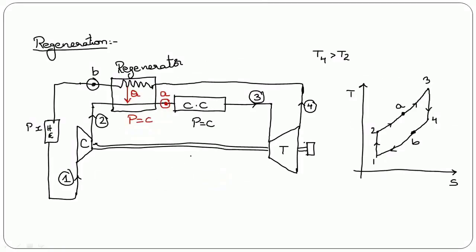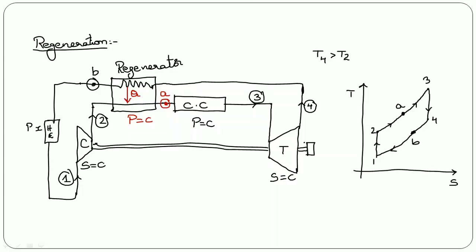Pressure ratios are obtained from this diagram only. In the turbine, isentropic expansion is taking place, and in the compressor, isentropic compression is taking place. The maximum pressure of the cycle is P2 equal to P3 and the minimum pressure is P4 equal to P1.